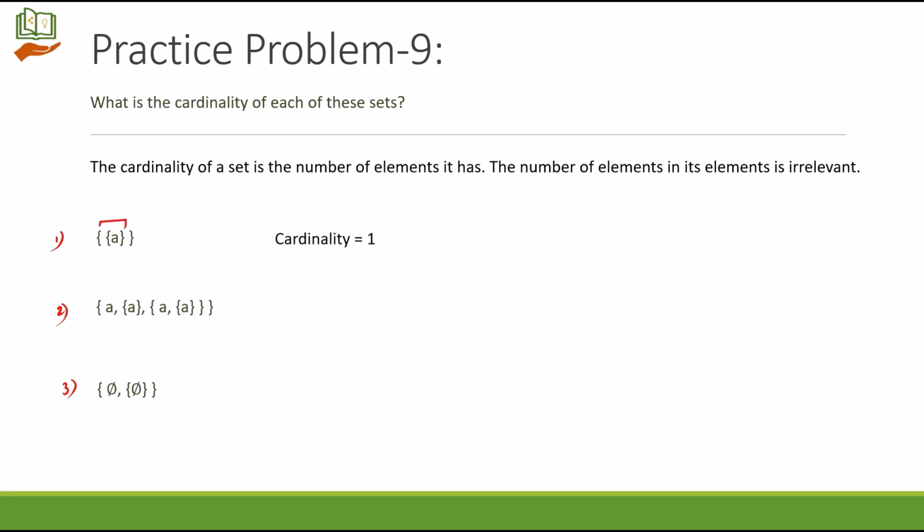What about the cardinality of the second one? 1, 2 and 3. You should not count the number of elements in its element. It means you should not count them. It is irrelevant. We have to count only what is present for the outer curly braces. What about the third set? The cardinality is 2. This is how we have to find cardinality.